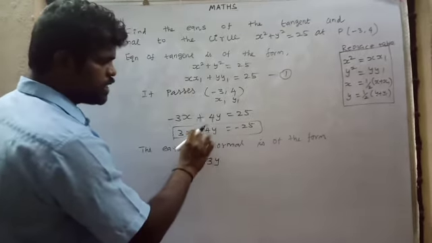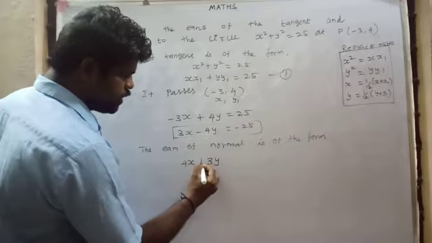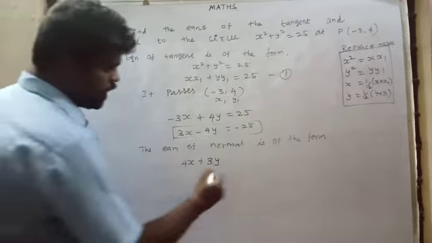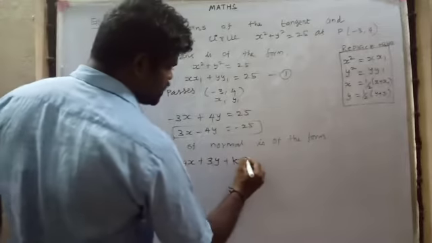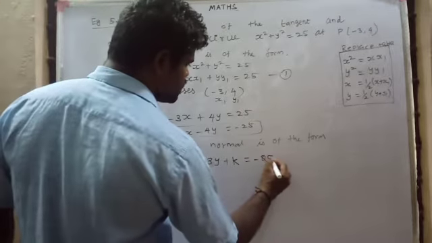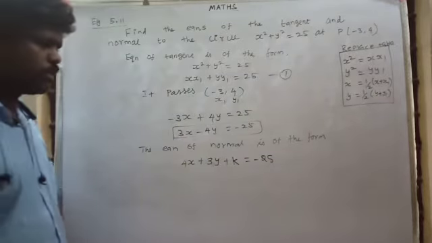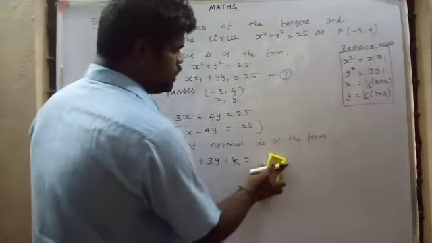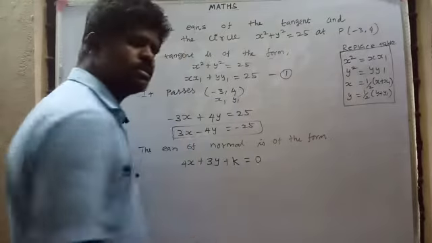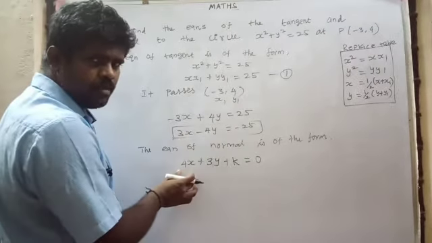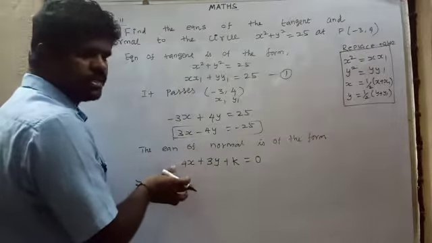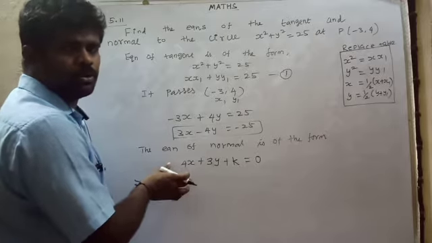The y sign is minus, so we have to write plus, and additionally we have to write plus k equal to 0, because this is the tangent and this is normal. Each line is perpendicular to the other.